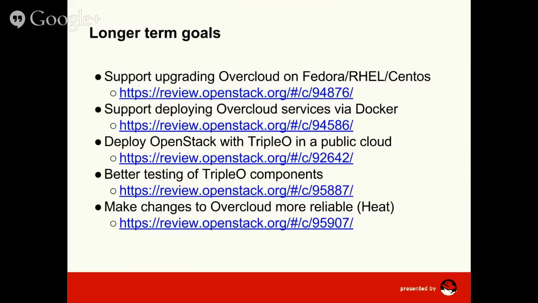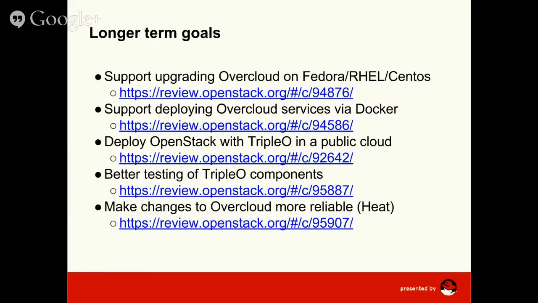You're not going to want to stay on that version forever. You're going to want to upgrade it. We want to support upgrading on the Fedora family of distributions. Upstream, we've been able to verify that the image-based upgrade approach that TripleO uses works on Ubuntu, and we want to bring that same support to Fedora.